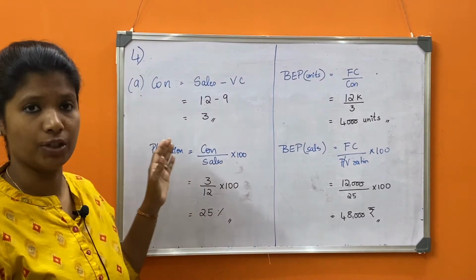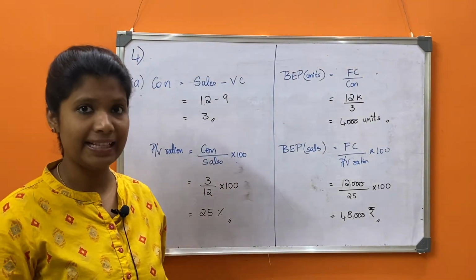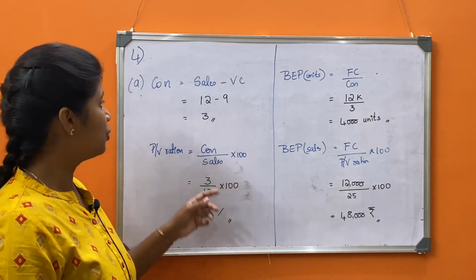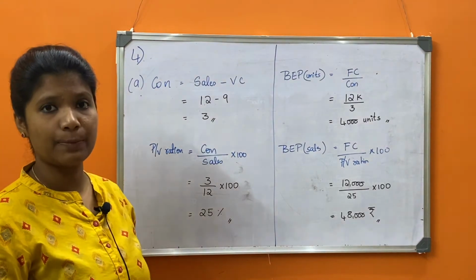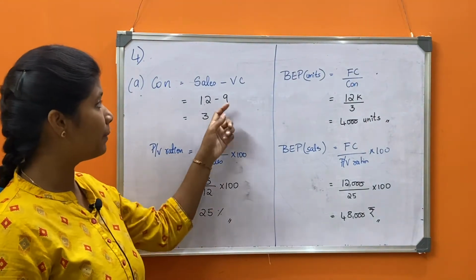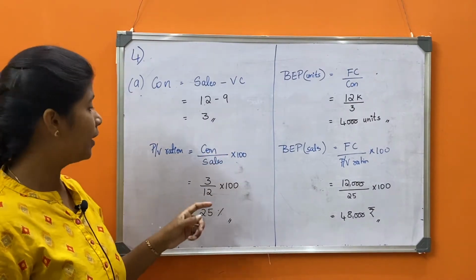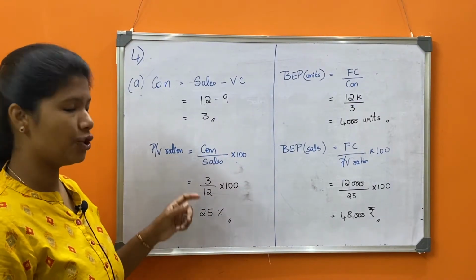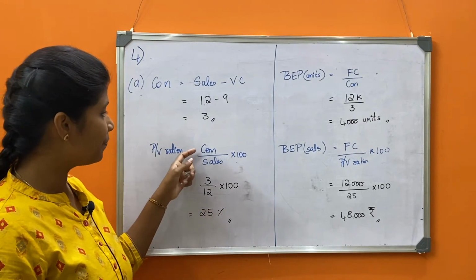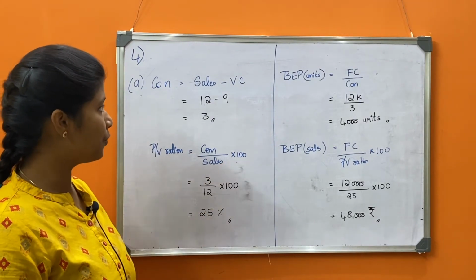What is contribution? As we all know, contribution is sales minus variable cost. So the details given is selling price per unit is 12, variable cost per unit is 9. So 12 minus 9 is 3. PV ratio equals to contribution divided by sales into 100.